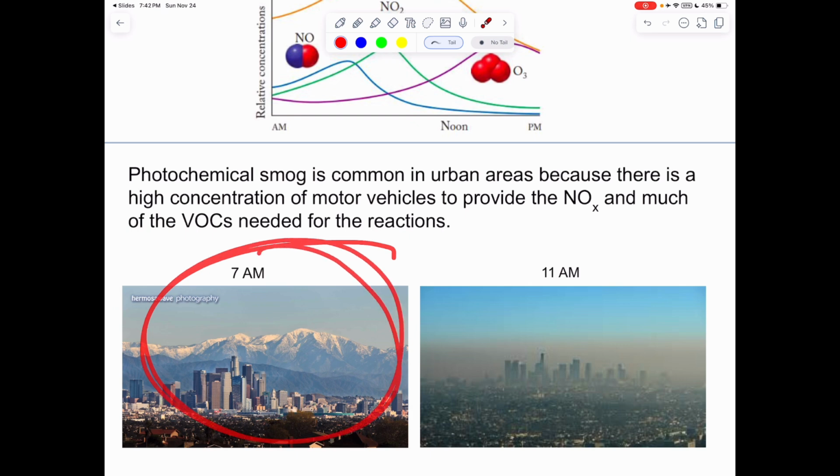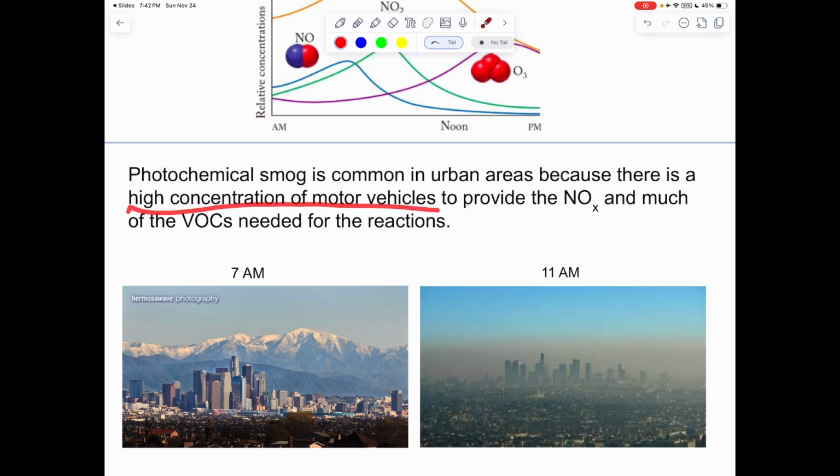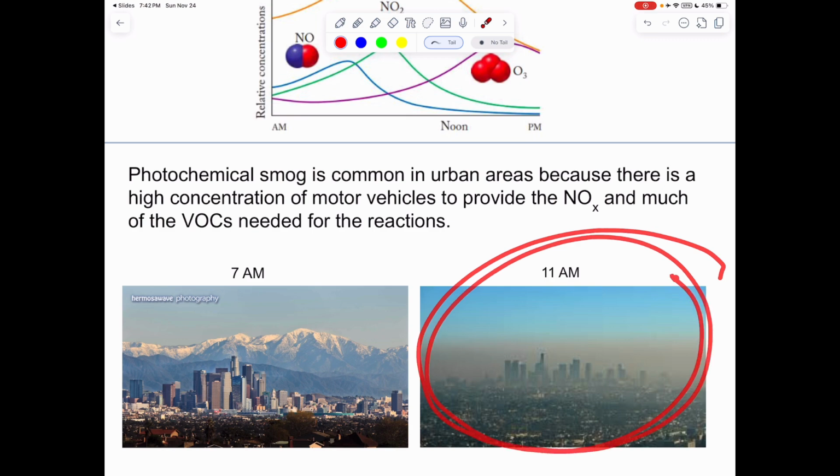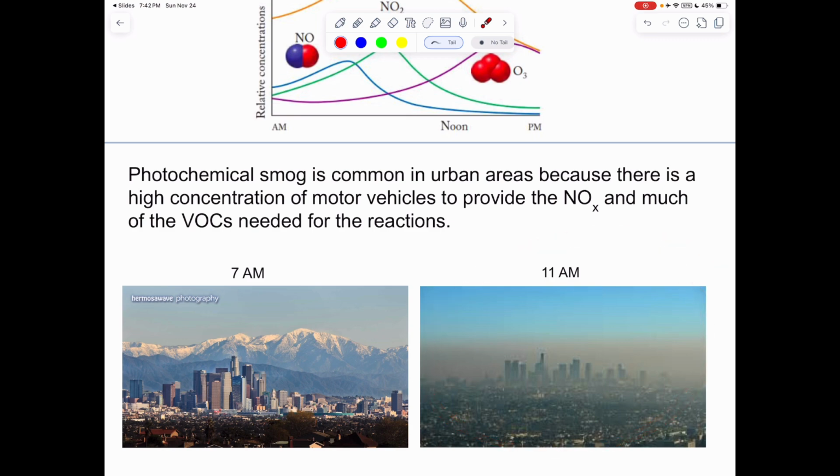It's beautiful, there's clear air, but that's because we don't have a high concentration of motor vehicles yet. They need to produce those nitrogen oxides and many of the VOCs in order for this reaction to happen. And we need to wait for the sun to come up. So by 11 a.m., we have a lot of smog already.